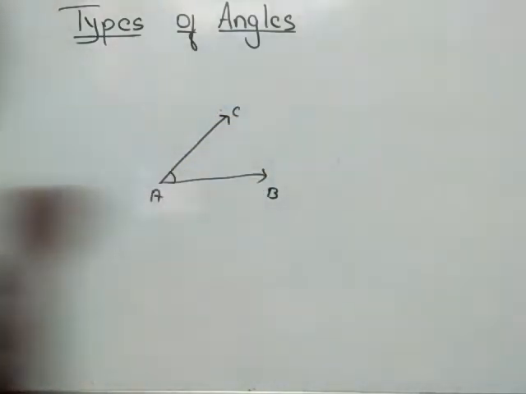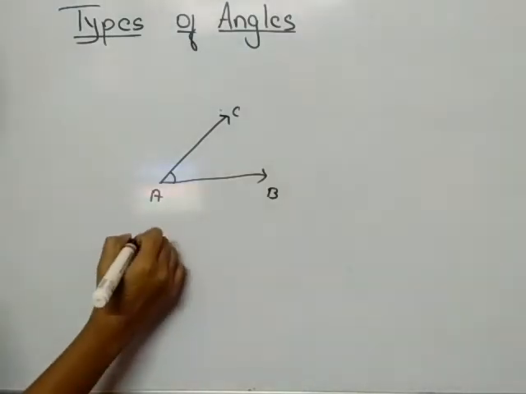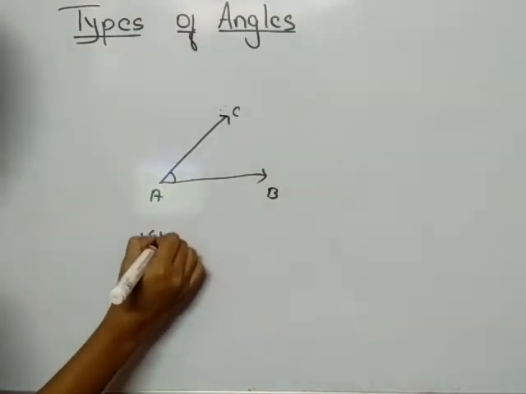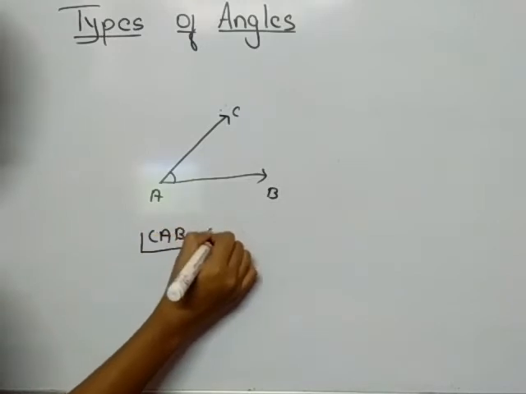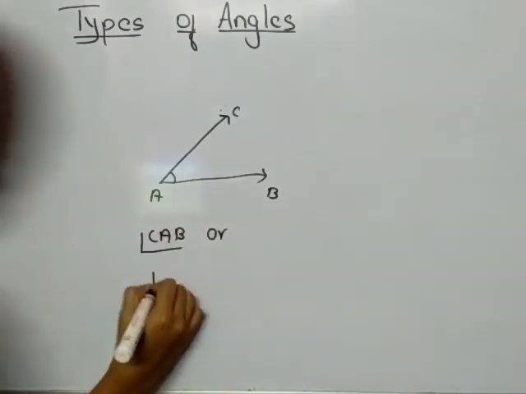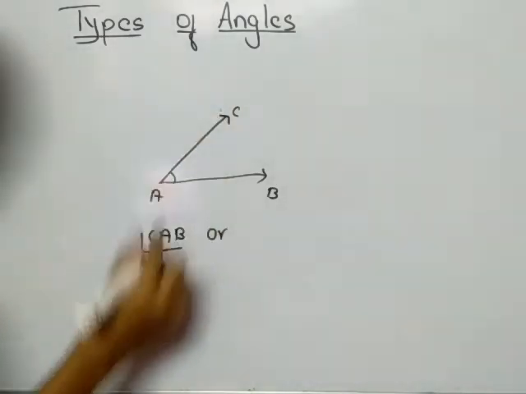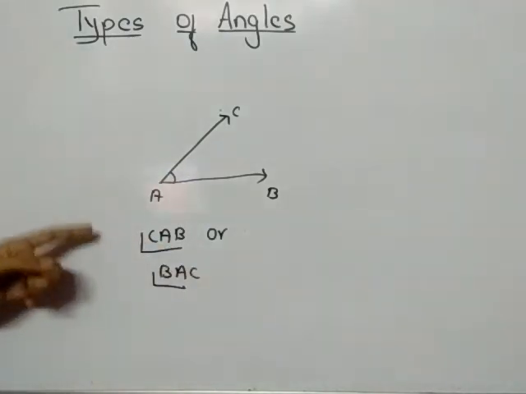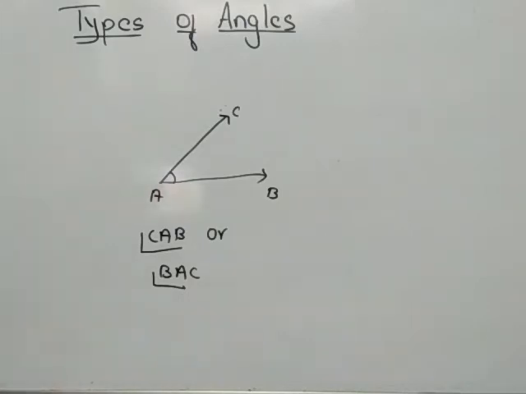This is an angle. An angle is denoted as angle CAB, or you can say angle BAC. These basic things you learned in the previous chapter. Now let's begin. What are the types of angles?